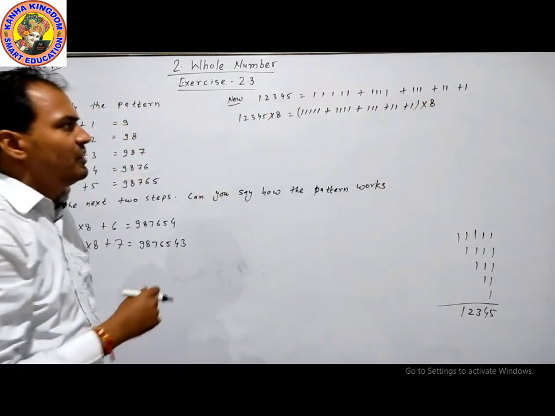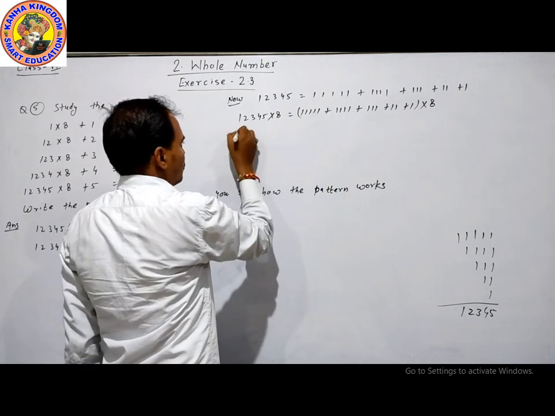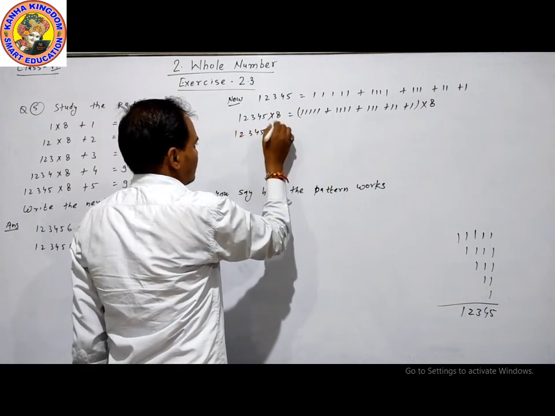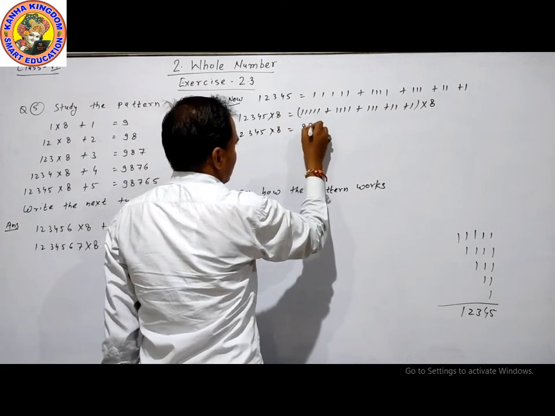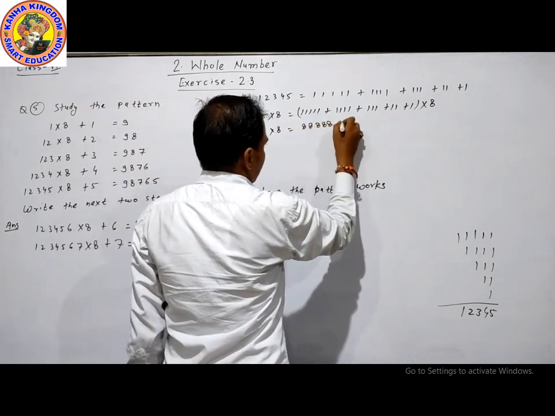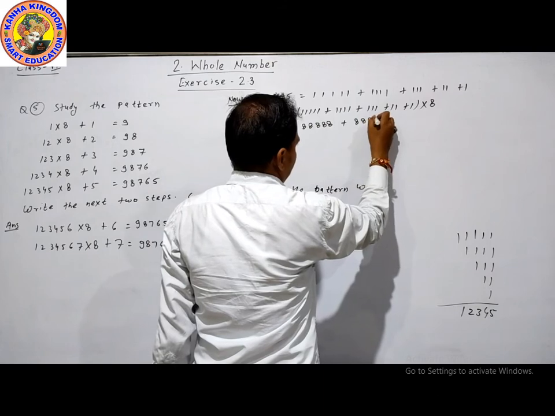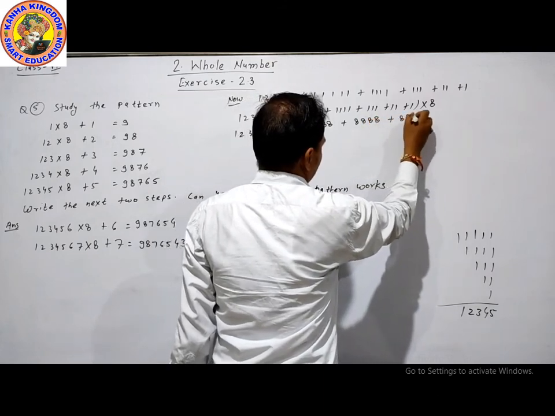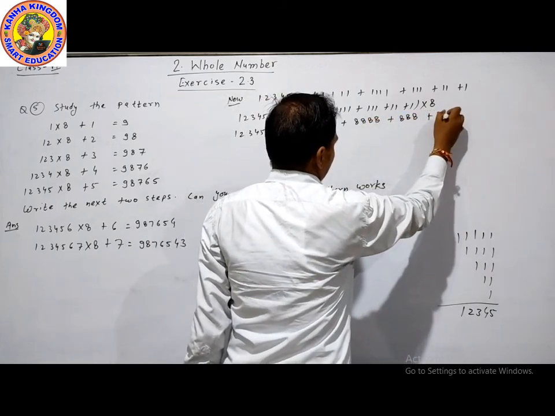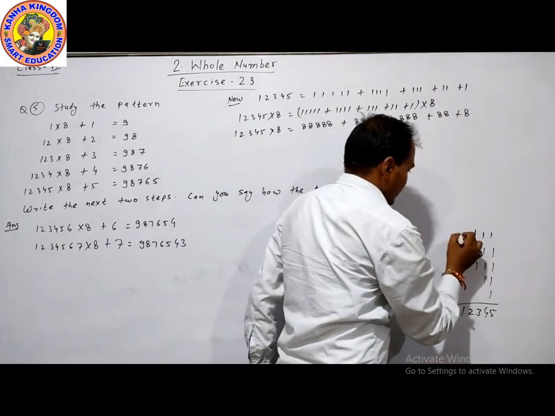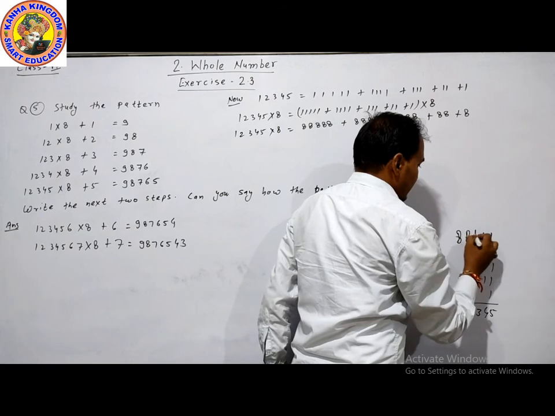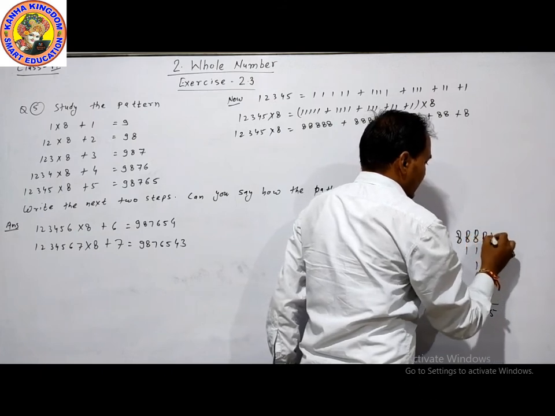Each of them will multiply by 8. So we will get answer: 88888, 8888, triple 8, double 8, and 8.